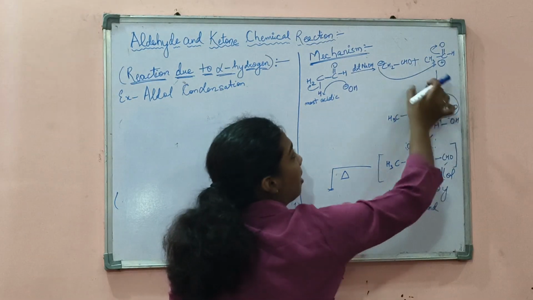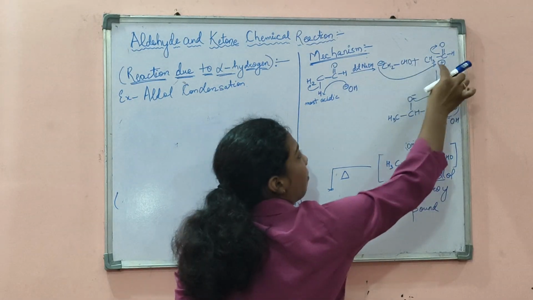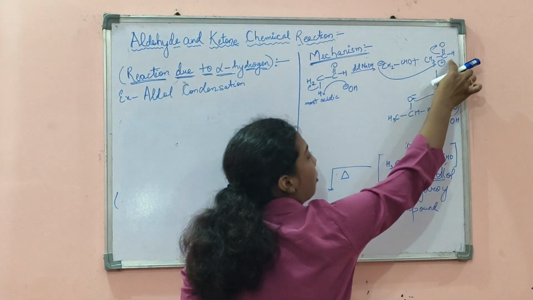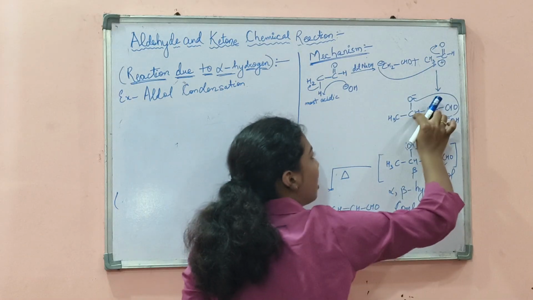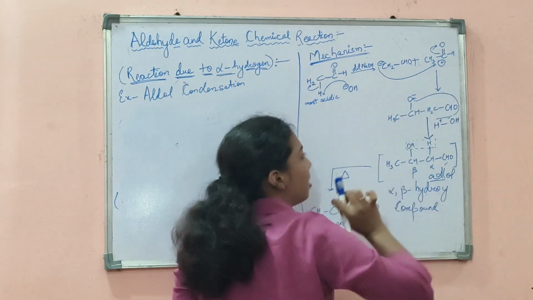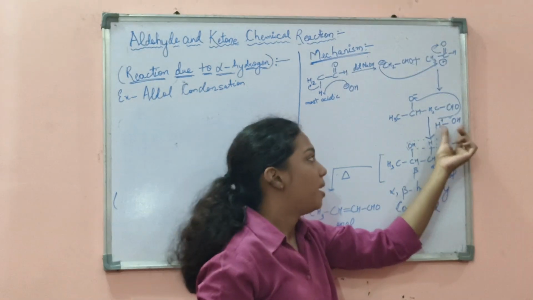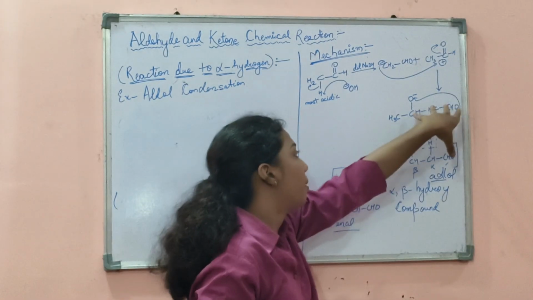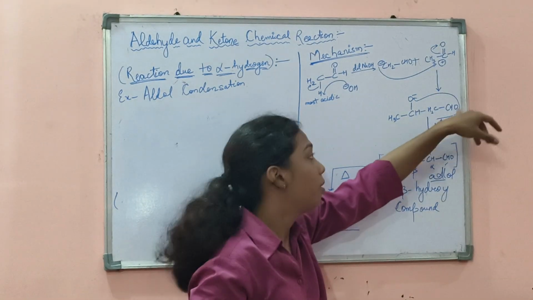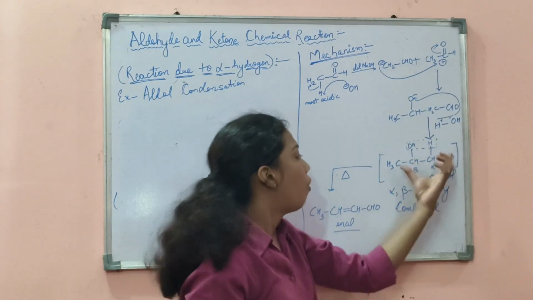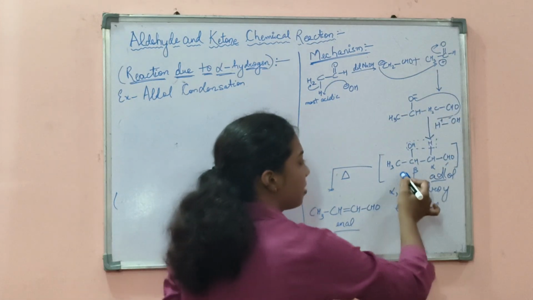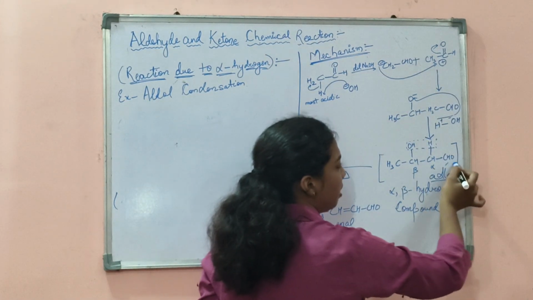This CHO comes here, then this negative CH2 part attacks this carbocation carbon, and this C double bond O, CH3 forms. Again, we treat with water, then H plus and OH break, the H plus proton goes towards the oxygen, and forms this CH3, CHO.